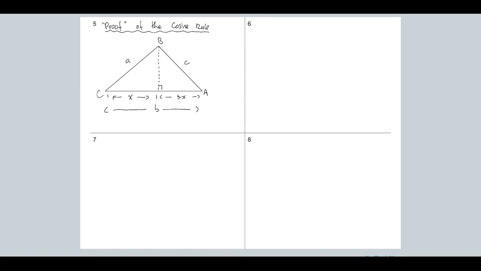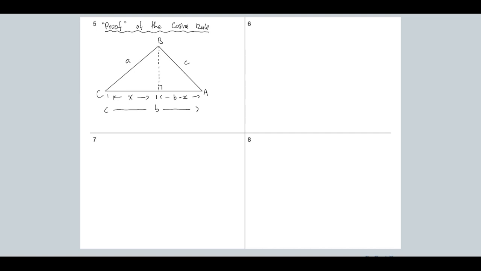Might write that a bit bigger. Okay, good so far? If the left-hand side is x length, then the right-hand side is b minus x.